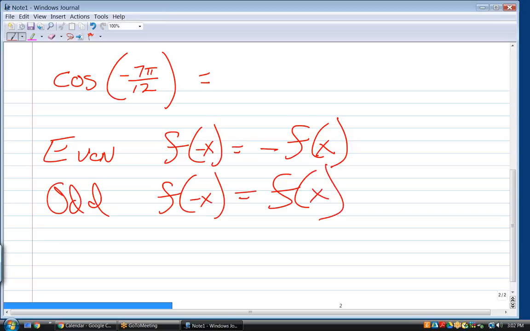Cosine is one of these two. Do you know which one? It is even. Okay, so the very first thing we know, let's get rid of the negative sign.